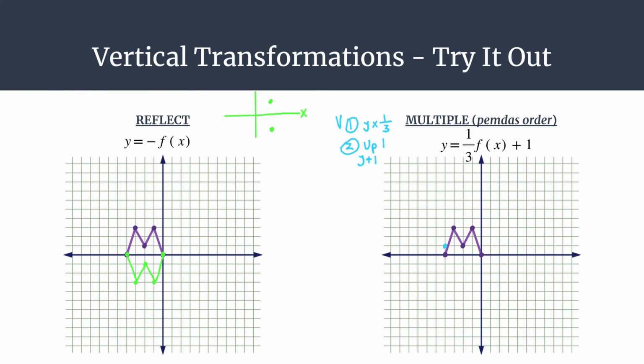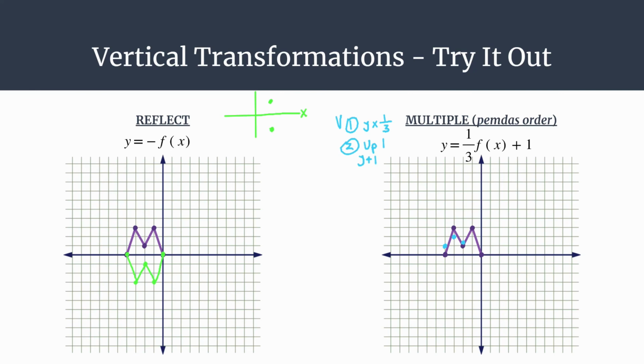Okay, so we take our second point, the y coordinate is 3. When you multiply that by 1/3, it becomes a 1, and then it shifts up 1. Our third point, when you multiply that y coordinate of 1 by 1/3, it becomes 1/3, and then you move up 1. So that's at 4/3 or 1 1/3.